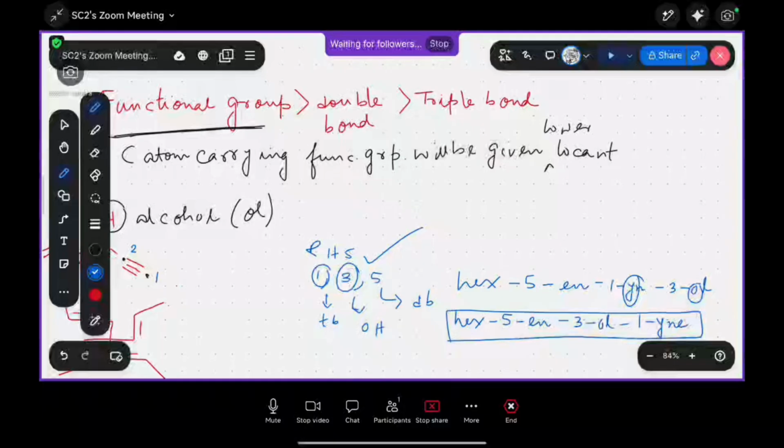But whenever you have the functional group, you are supposed to end the nomenclature with the suffix of the functional group. So though yne comes later, what is the format? The format is side chain, then cyclic. After cyclic, we are having the word root. After the word root, we move to the ane or ene or yne.